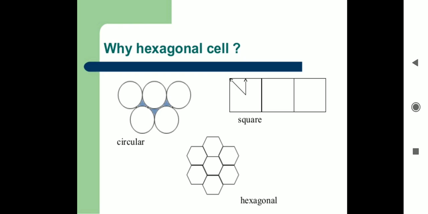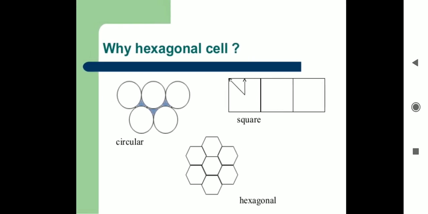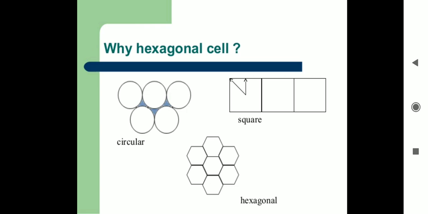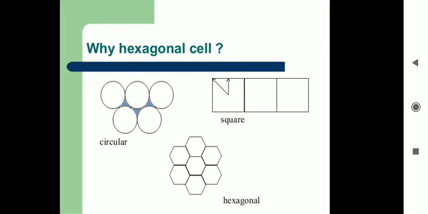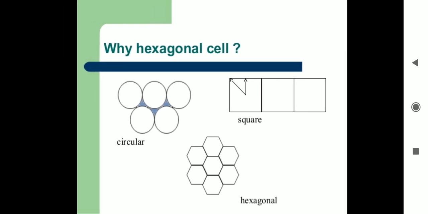Thus, cell splitting allows the orderly growth of the cellular system. It increases the number of base stations in order to increase the capacity of a cellular system.